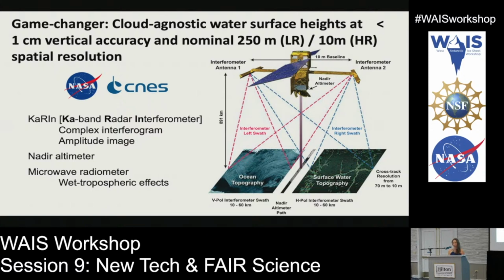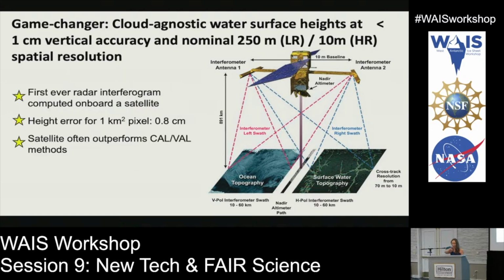So this satellite is meant to capture a global image of the surface topography of water every 21 days, but captures a lot more, especially in polar regions. And it is really exciting because it's the first satellite that creates a radar interferogram on board before sending it back down to Earth.